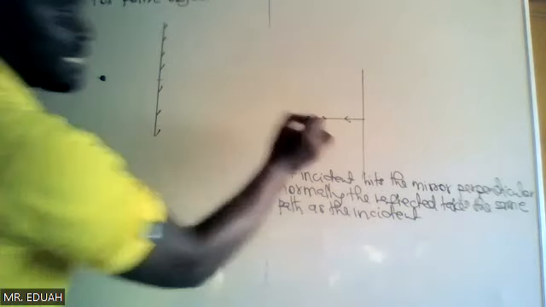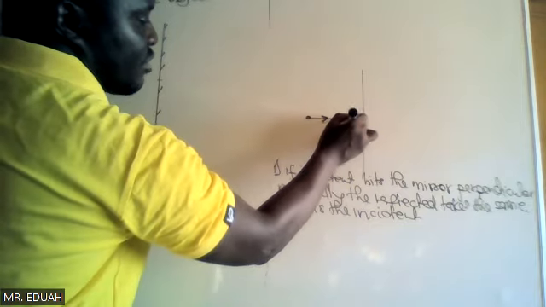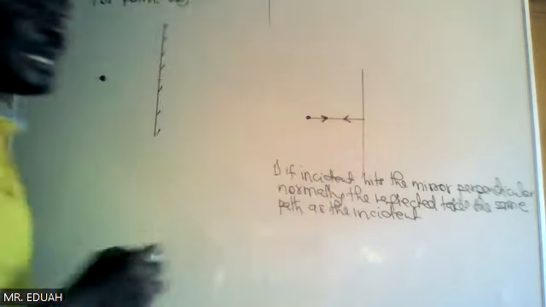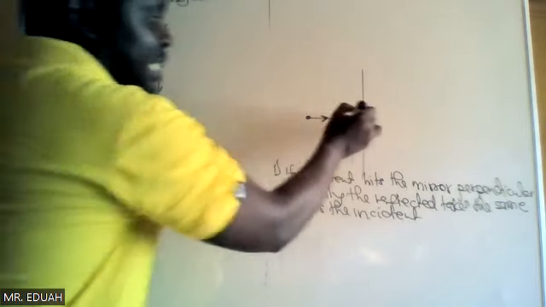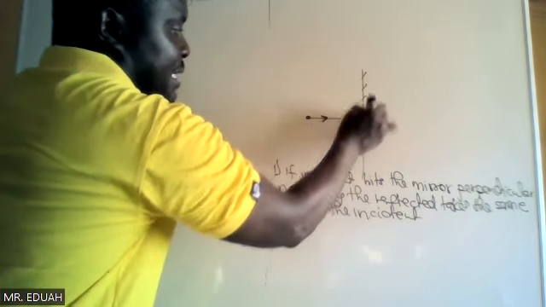So this arrow shows incident, the other arrow shows reflection, and they are all taking the same path. This is on condition that the ray hits the mirror at 90, perpendicularly.